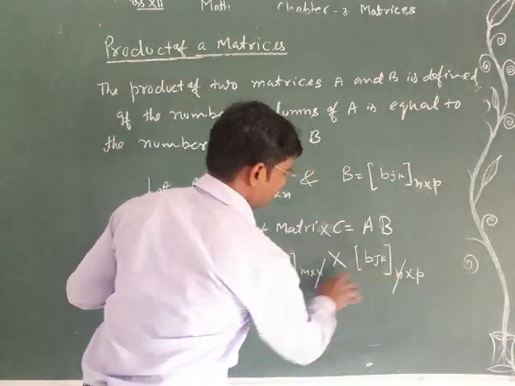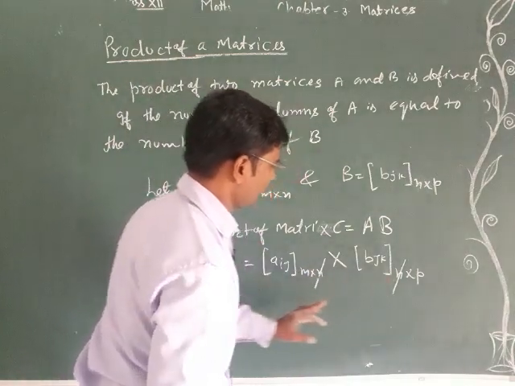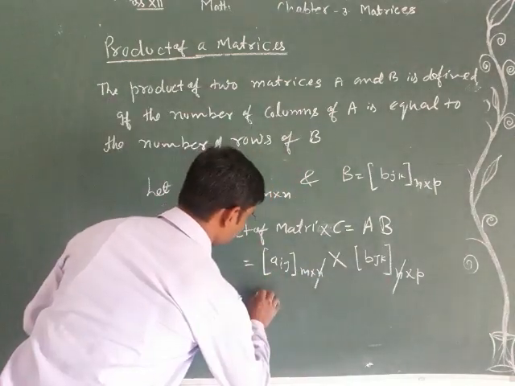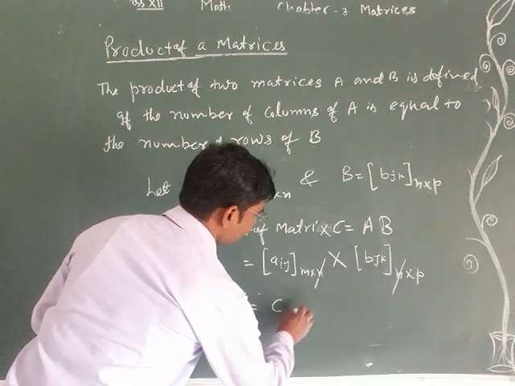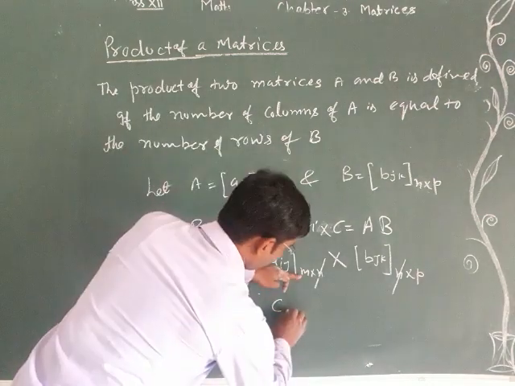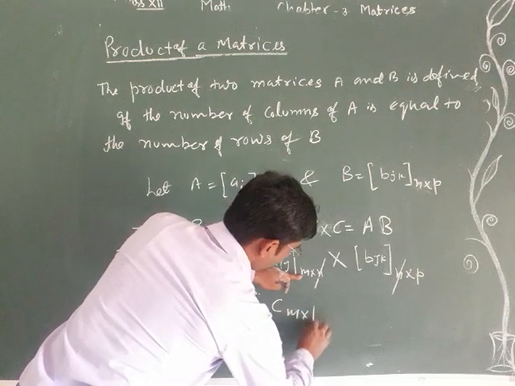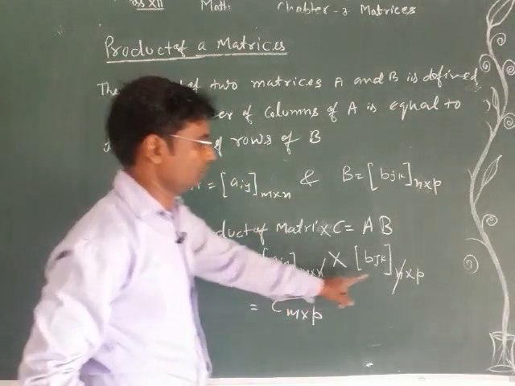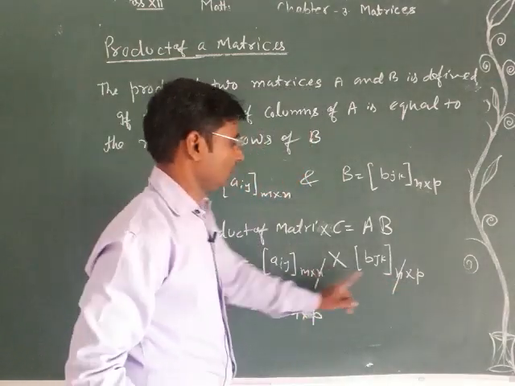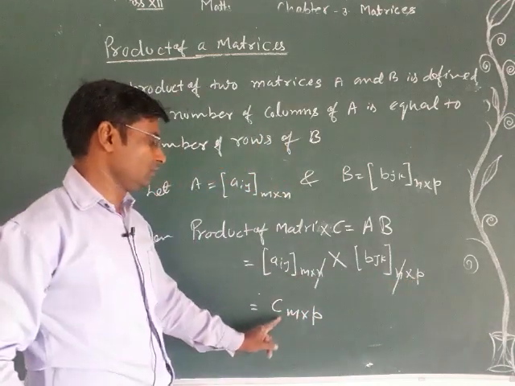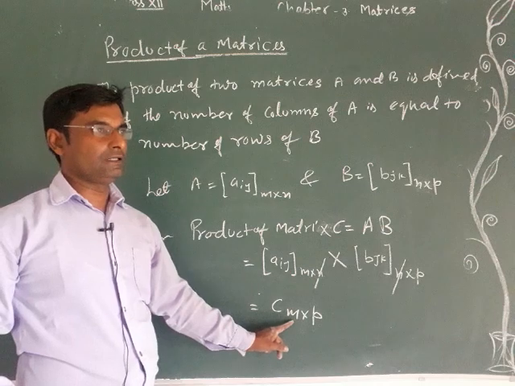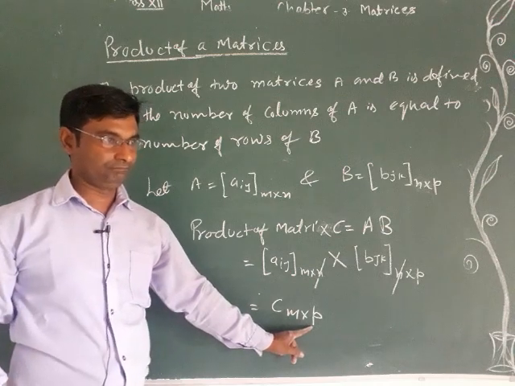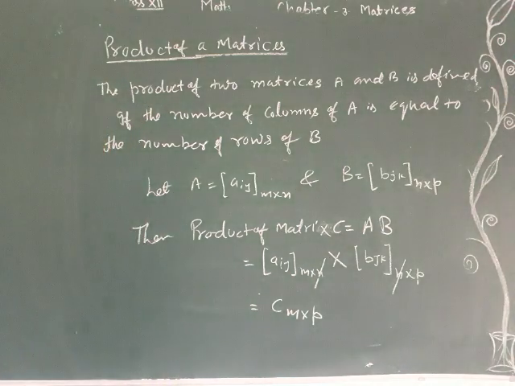These are equal, so they cancel out. So the new matrix C is m into p, with m rows and p columns. So the product matrix is m by p. That's all.